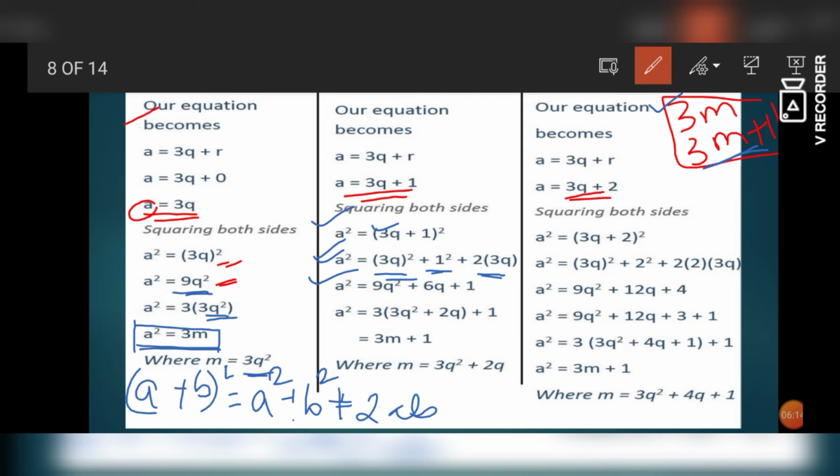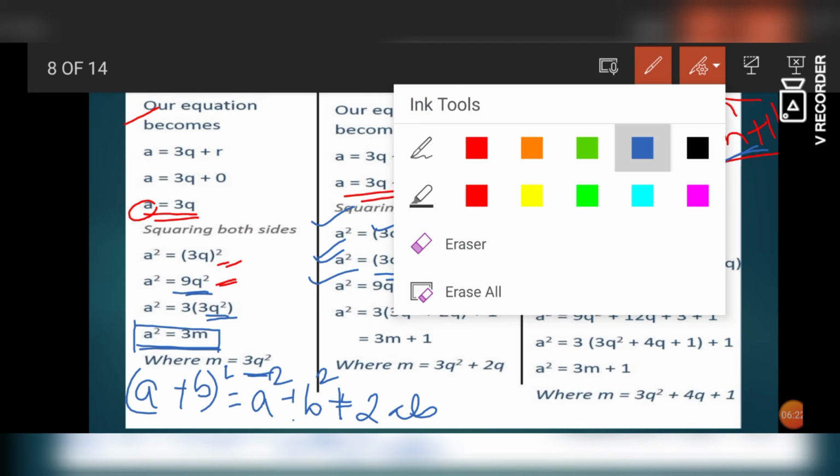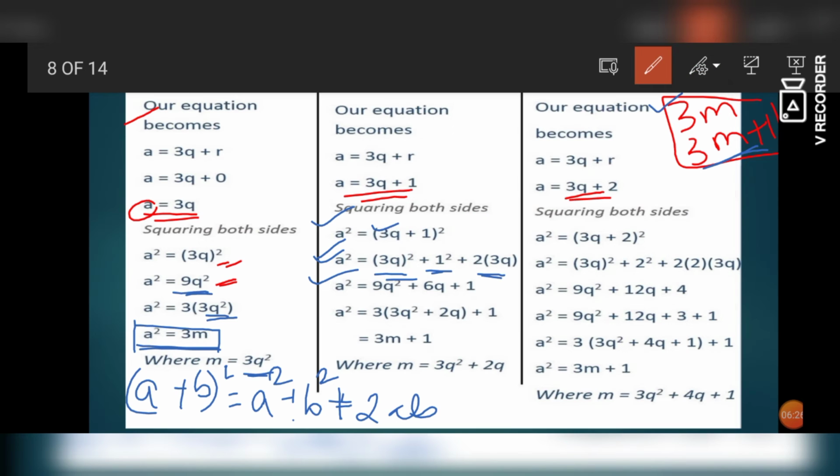Now we have already achieved the plus 1 form. You can see we have already achieved the plus 1 form. So now from this part let us take 3 common, because we have 3m plus 1.